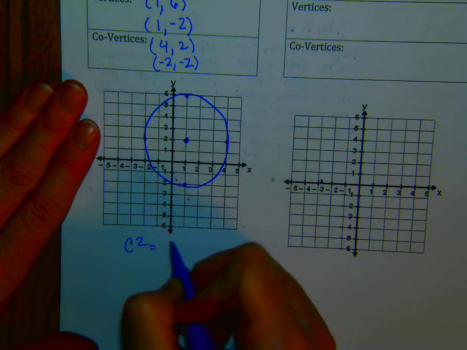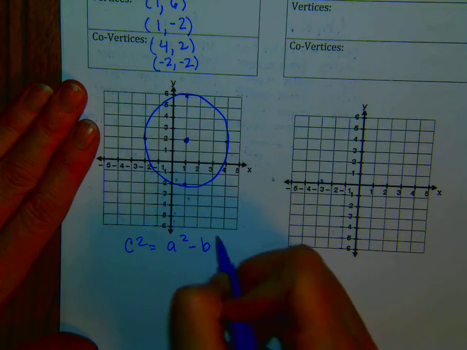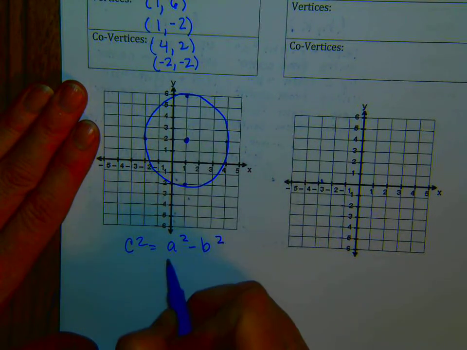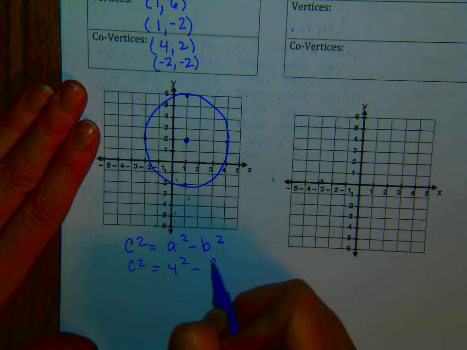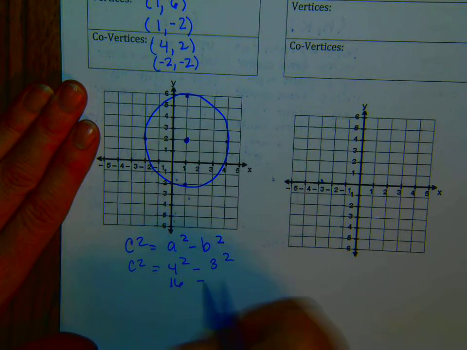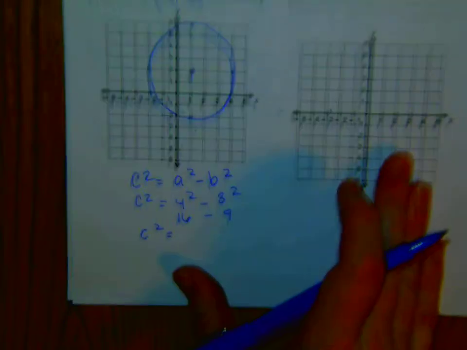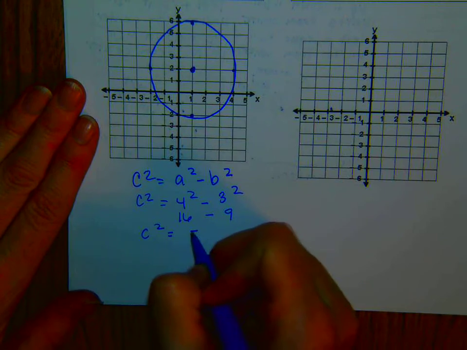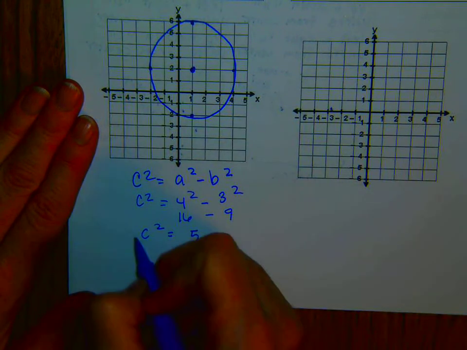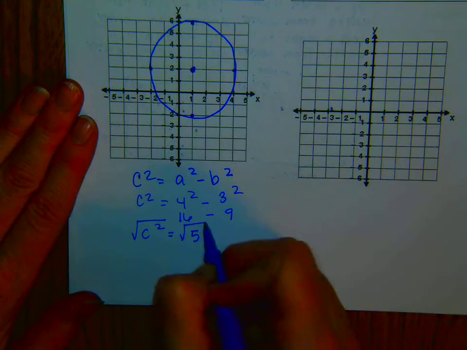Well, I know what my a is. c squared equals 4 squared minus 3 squared. That is 16 minus 9, so c squared equals 5. To solve, I take the square root of both sides, and I get c equals the square root of 5.